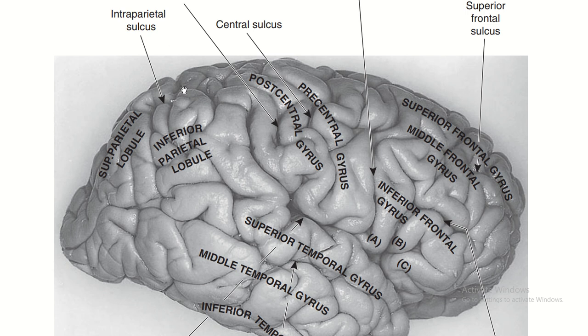So your intraparietal fissure will demarcate your parietal lobe into a superior parietal lobe and inferior parietal lobe, just like that. So these lobes are going to have different functions.